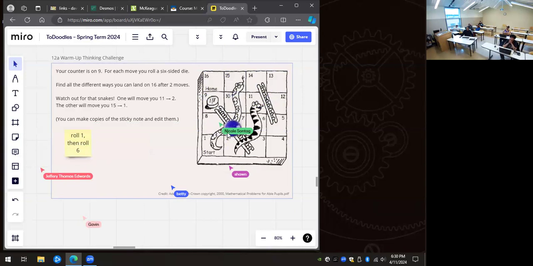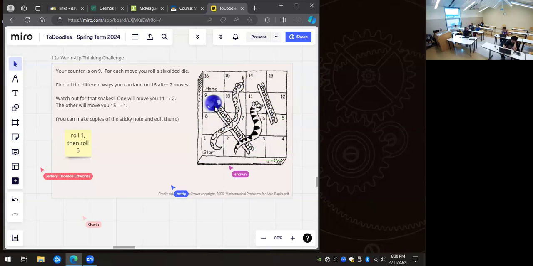So if you land on 15, it bumps you to 1. Or if you land on 11, it bumps you to 2. And similarly, if you land at the base of a ladder, it moves you up. So if you land on 3, it bumps you to 9. And if you land on 5, that bumps you to 14. Some of those might be important for this puzzle, but some of them don't matter.